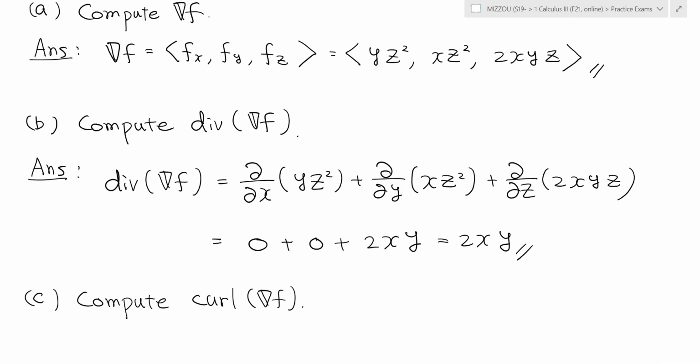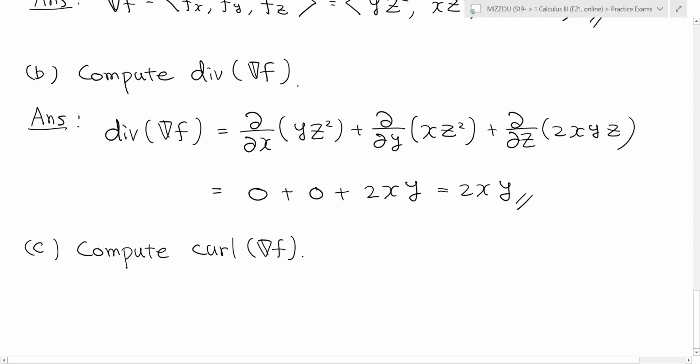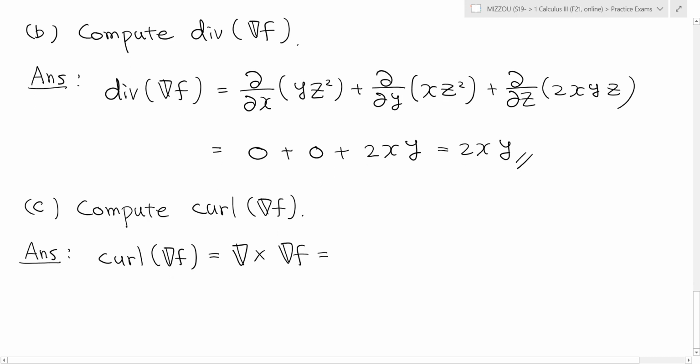Part C, compute the curl of the gradient of f, namely compute the curl of this vector field. So here's the answer. The curl of the gradient of f is often written as nabla cross product the vector field you take the curl of.